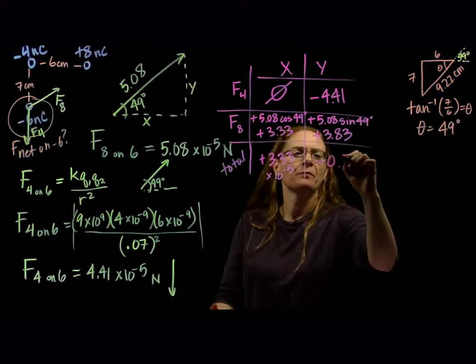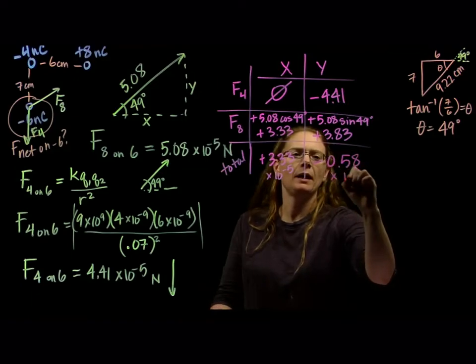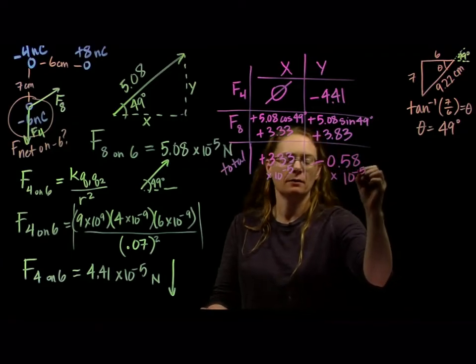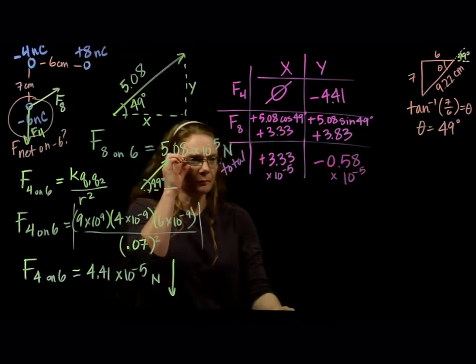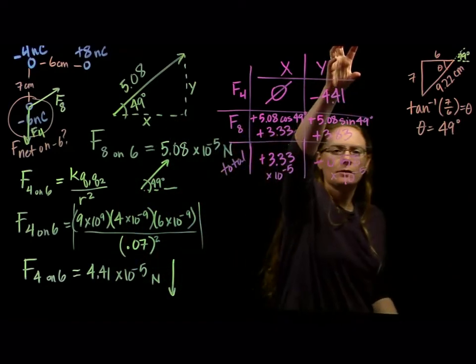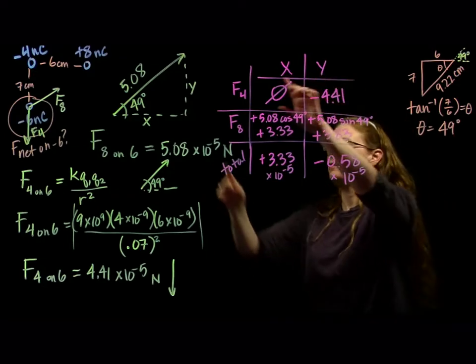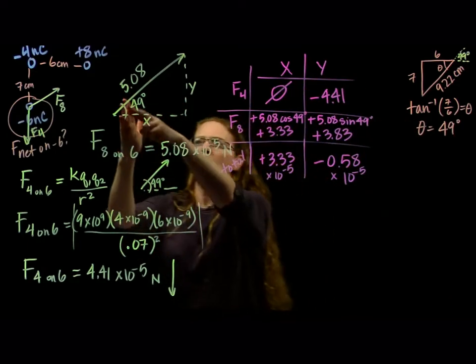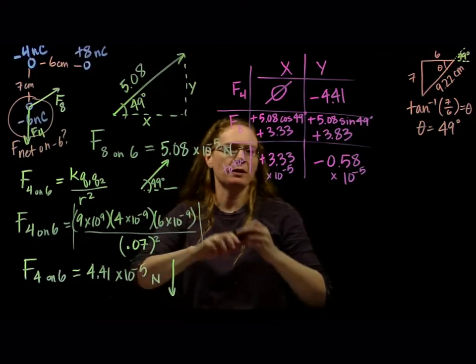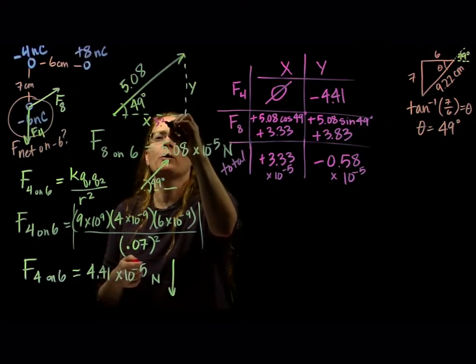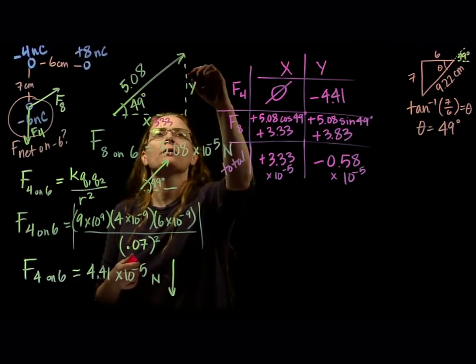Yeah, 58. All right. Negative 0.58 times 10 to the minus 5. This means this is the total vertical component of this force. So if I actually wrote these numbers down, this side would be the 3.33 and this would be 3.83.